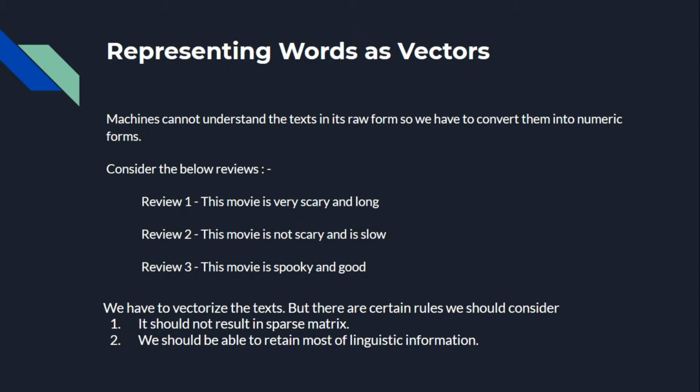So whenever you represent this text as vectors, it should not be a sparse matrix. We should also be able to retain most of the linguistic information. If we are not able to retain this linguistic information, then this does not make any sense, because you won't be able to understand whatever result the machine produces.